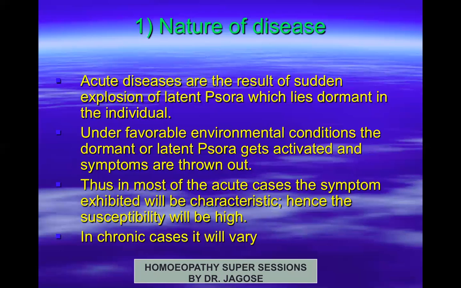And if the susceptibility has been suppressed or hampered or tampered with, naturally you will not get any characteristic expressions of the individual. Whereas in a chronic case where there are functional disturbances or the pathology is there, but luckily it is reversible and the susceptibility has not been much hampered with or suppressed, then naturally the symptoms which are thrown out are a mixture.